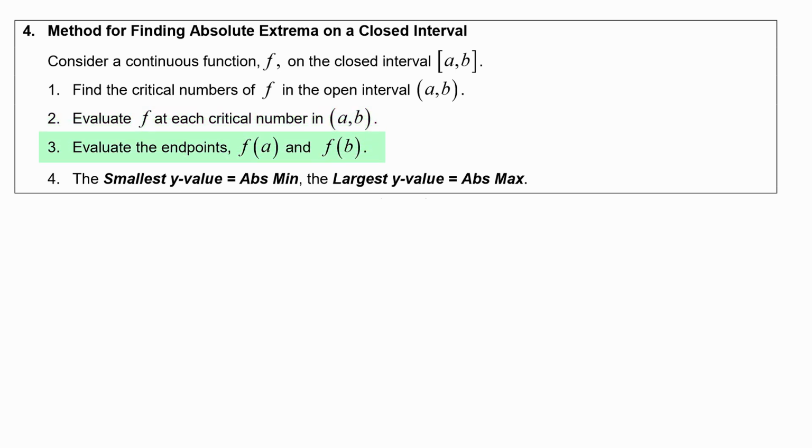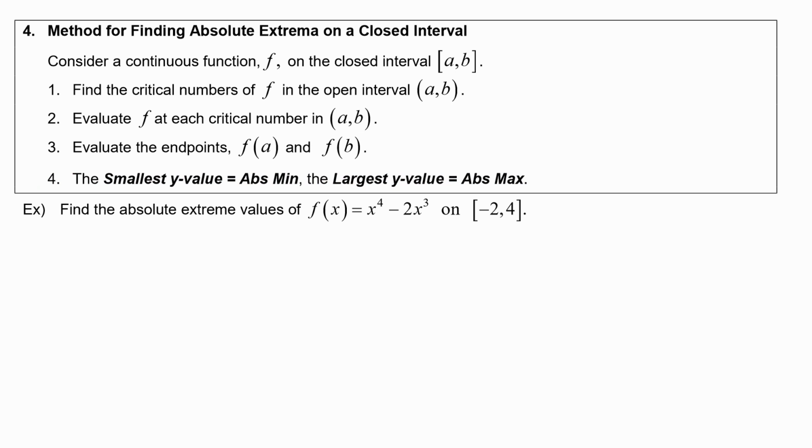Step 3, evaluate the endpoints, f of a and f of b. And in step 4, the smallest y value that you found in steps 2 and 3 will be the absolute min, and the largest y value that you found in steps 2 and 3 will be the absolute max.